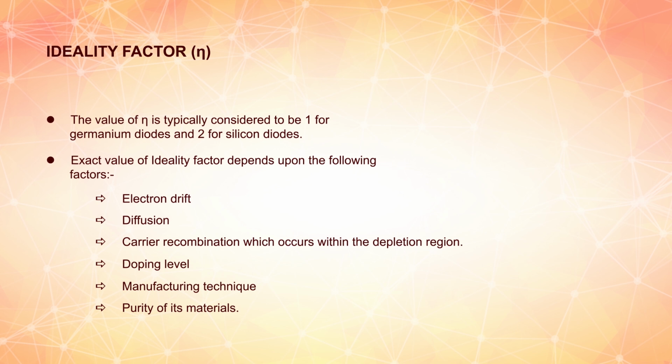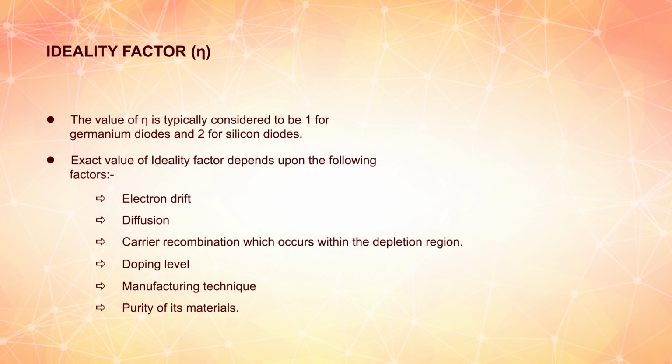The next parameter on which the ideality factor depends is the carrier recombination, which occurs within the depletion region. As we all know, in the depletion region, the recombination process takes place when biasing is applied. So, the carrier recombination within the depletion region also affects the value of ideality factor.